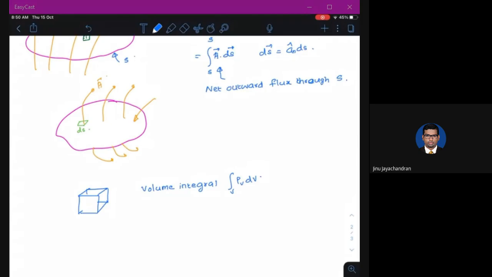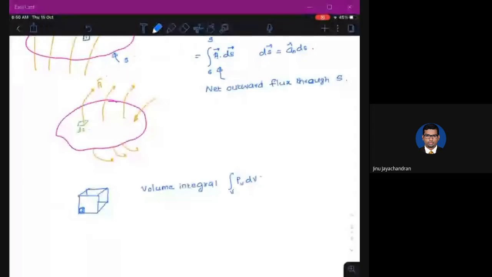Basically, you can consider a small strip of cube inside this cube, and you are integrating this cube all over the bigger cube. So that is basically the volume integral. Volume integral doesn't have too much of a physical meaning, but surface and line integrals have a physical meaning.